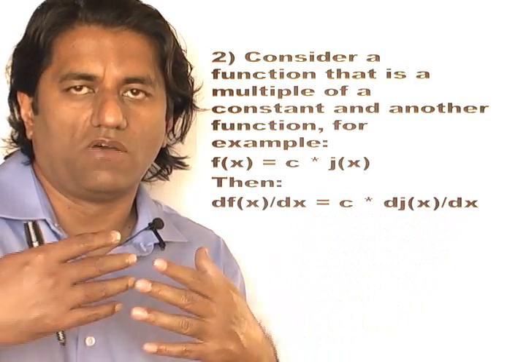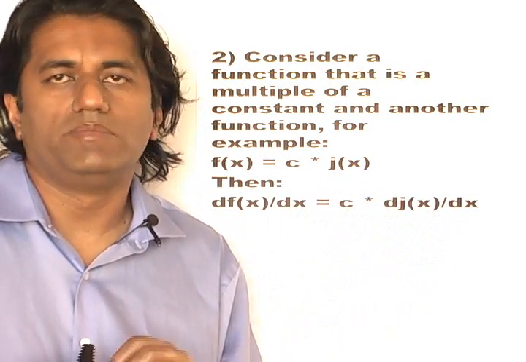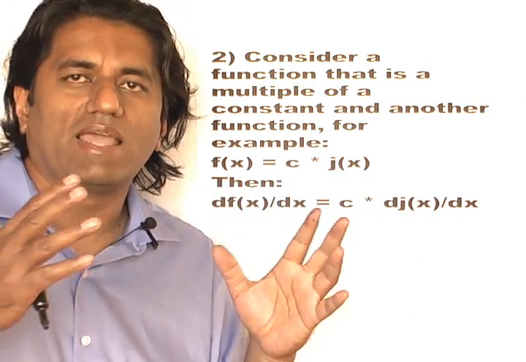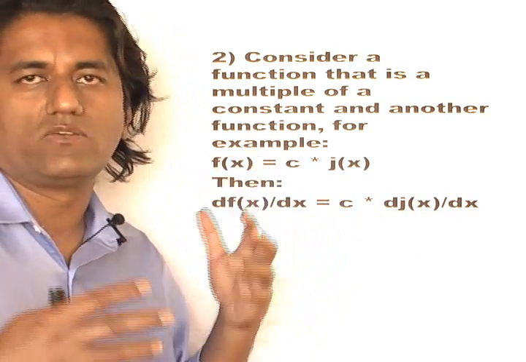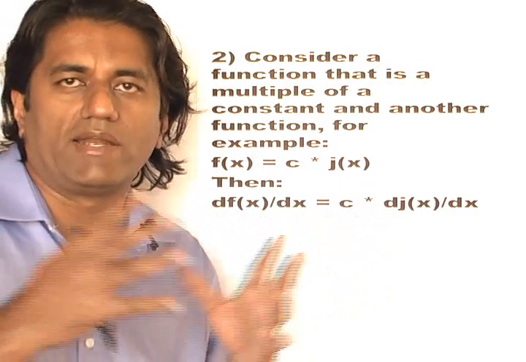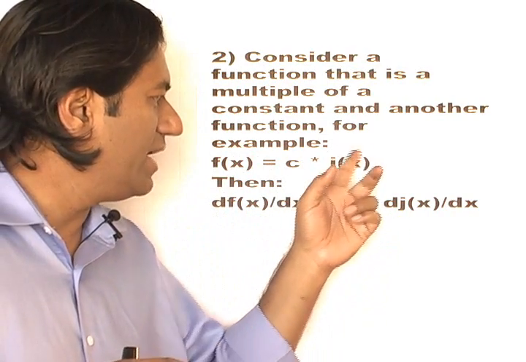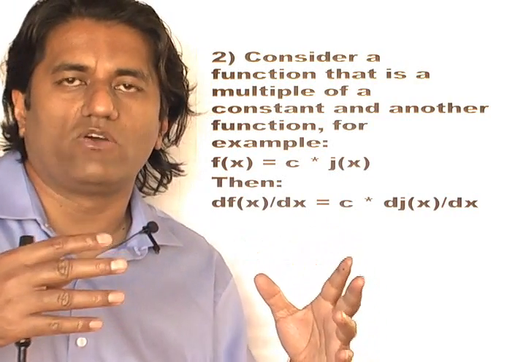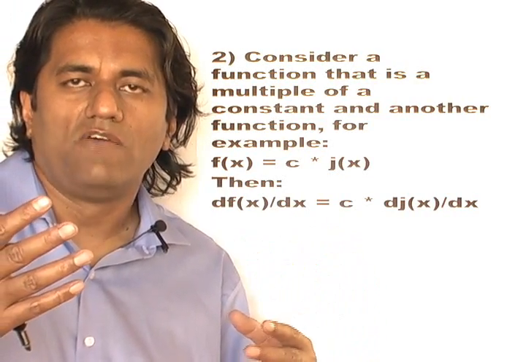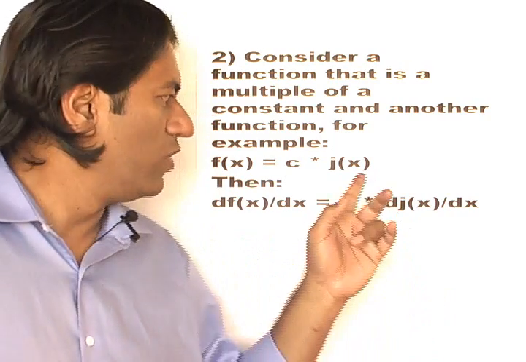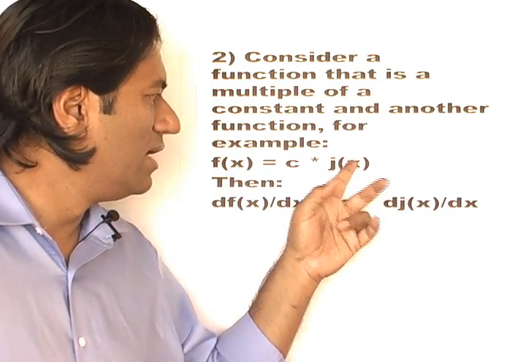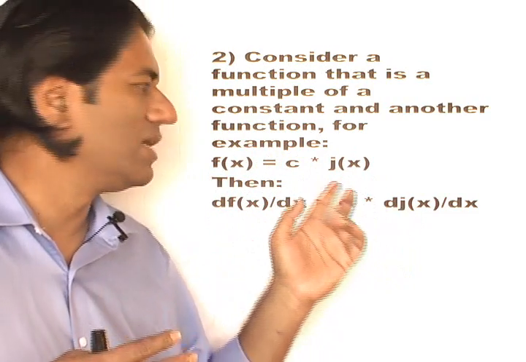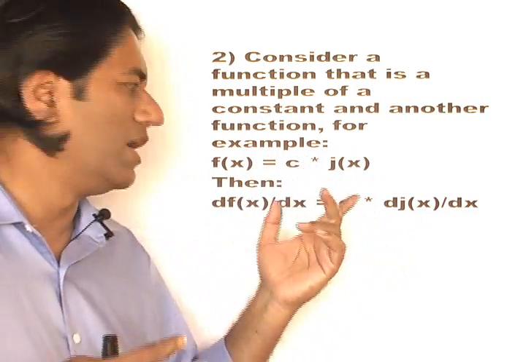because multiplication can be expressed in terms of addition. Just for example, think that, let's say, f(x) is the total amount of money raised for some charitable cause, and j(x), like let's say there is a firm which says that, okay, whatever money you raise, we are going to match that money. So if you raise the amount j(x), then the total money raised would be twice into j(x), because whatever you raise would be matched by the firm.